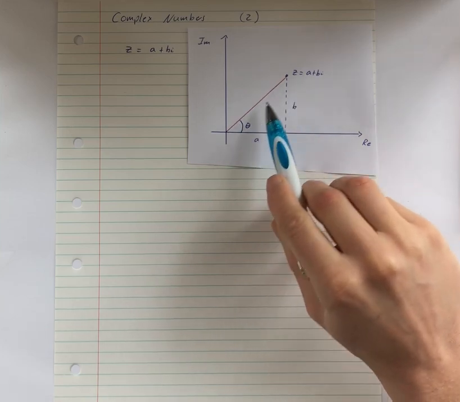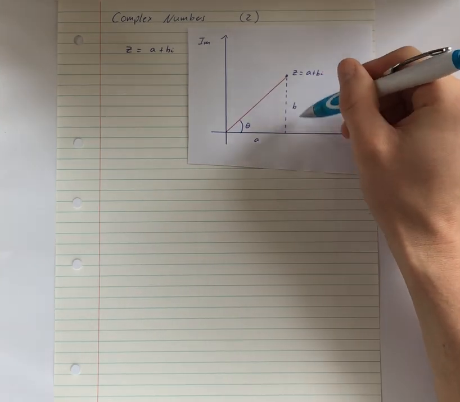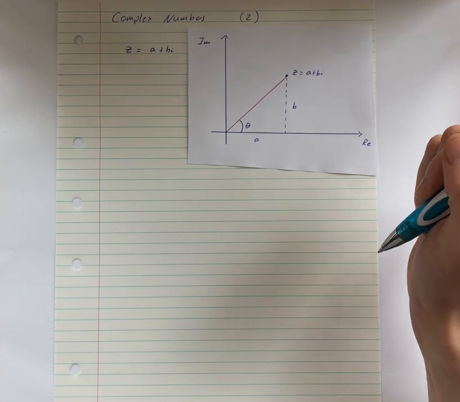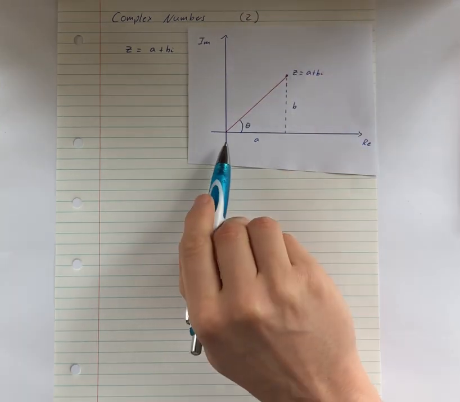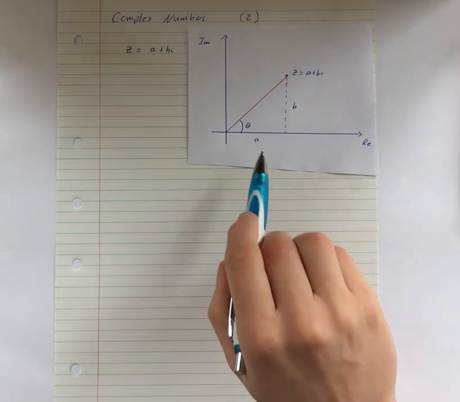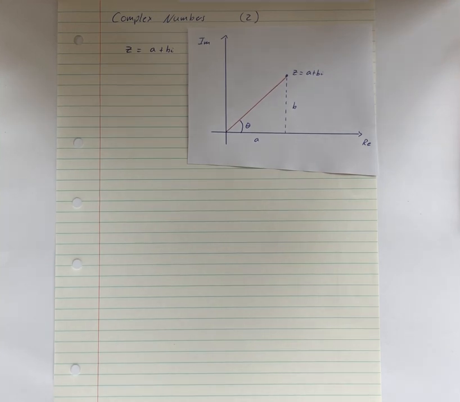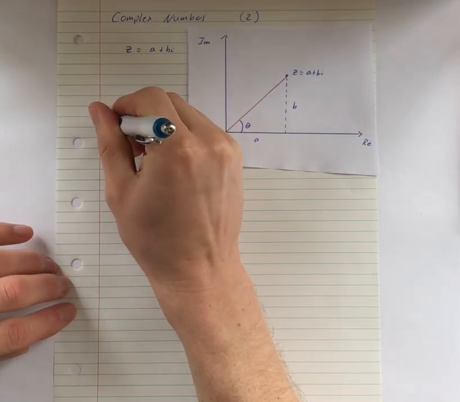We were thinking of these numbers as vectors. They've got a height B in the imaginary direction, and a distance A in the reals. What we're going to be looking at today is polar form.